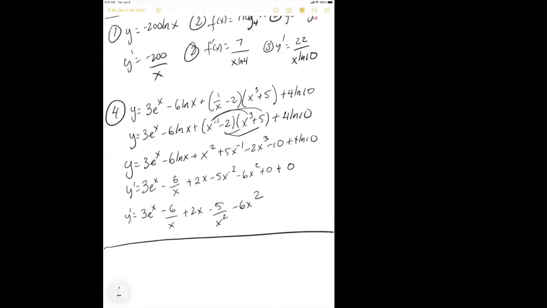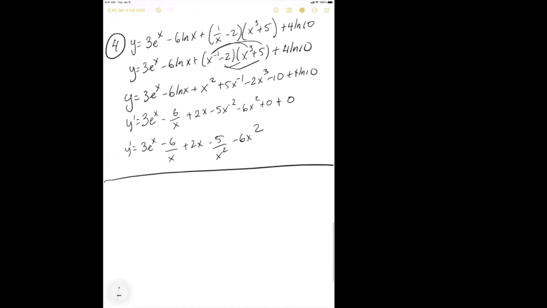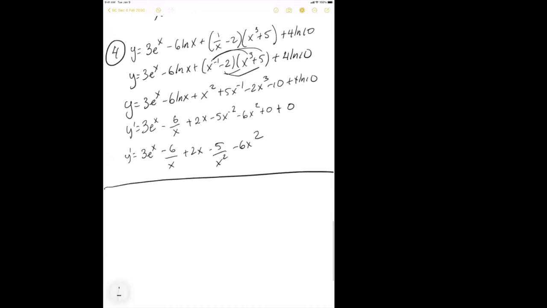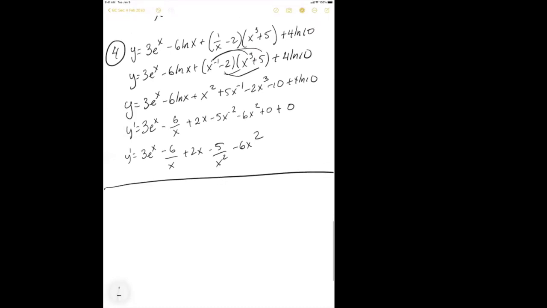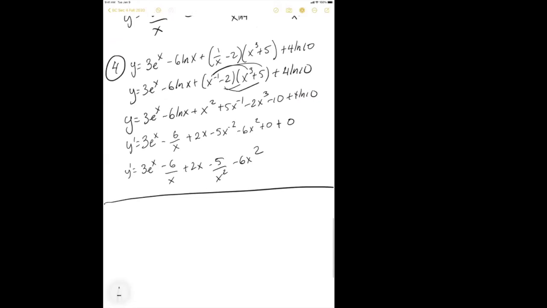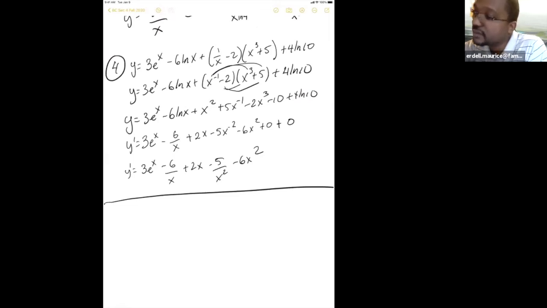I'm listening. What happened to the negative 10? The derivative of a constant is 0. Okay, zeroed out. And where'd you get the 6x squared from?